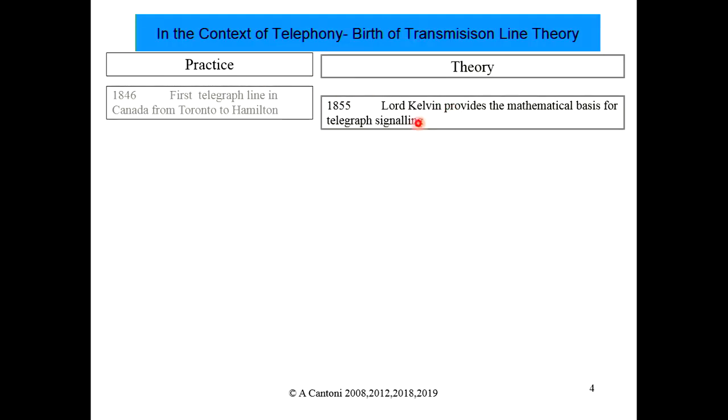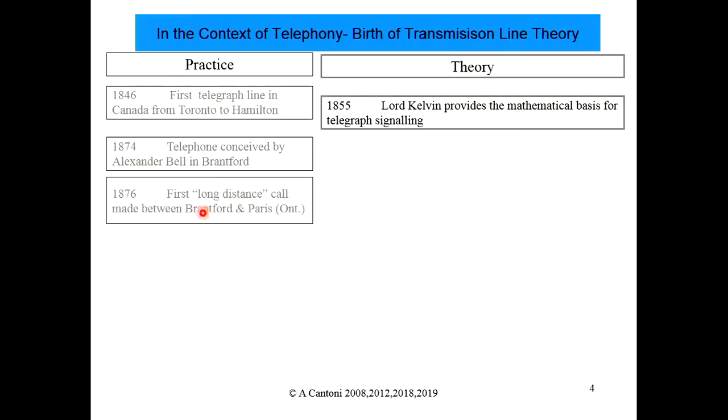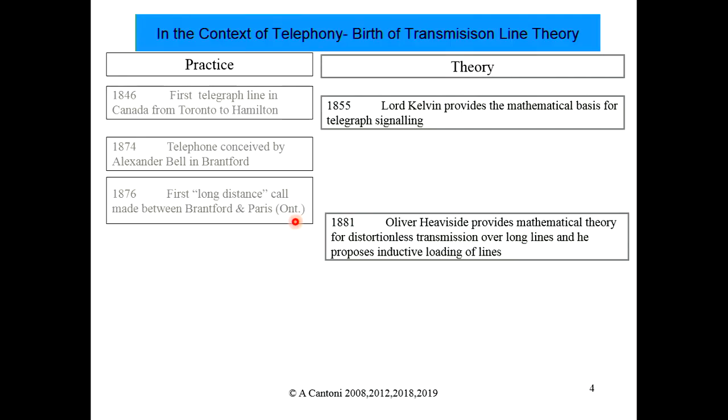The theory for that was developed later by Lord Kelvin, who provided some mathematical basis, though he got it wrong; his theory was incorrect. In 1874, the telephone was conceived by Alexander Bell, and then they made the first long-distance calls from where he was living to somewhere in Canada, Paris, Ontario, not Paris in Europe.